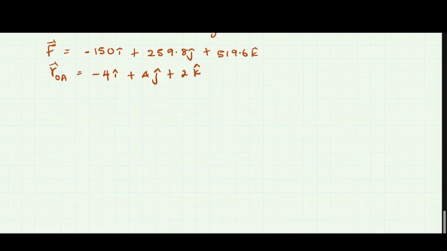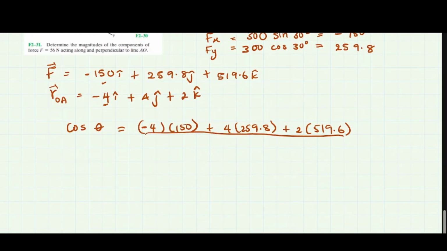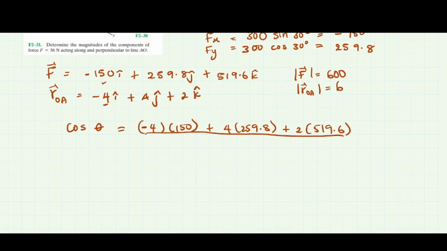So cos theta is equal to, multiplying these two, minus 4 times 150, all over the multiplication of their magnitudes. The magnitude of the force is 600, and the magnitude of ROA is 6. If you do 4 squared plus 4 squared plus 2 squared, and square root everything, you get 6. So it's 6 times 600.